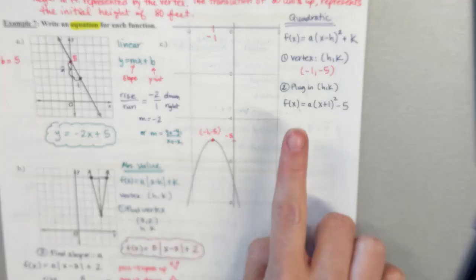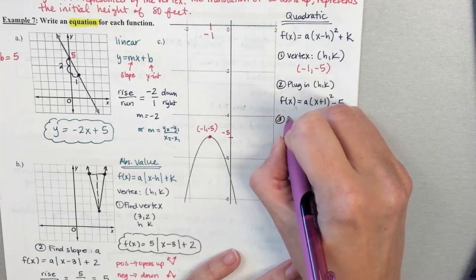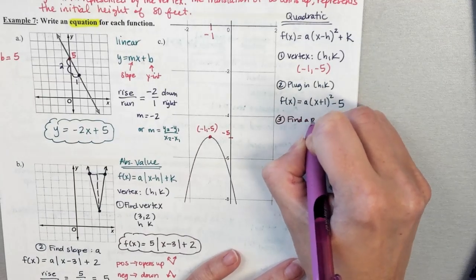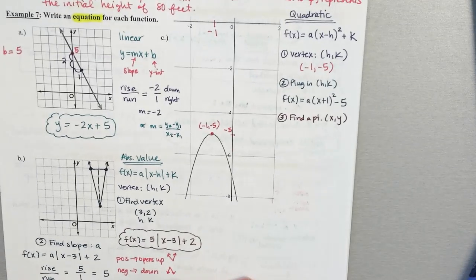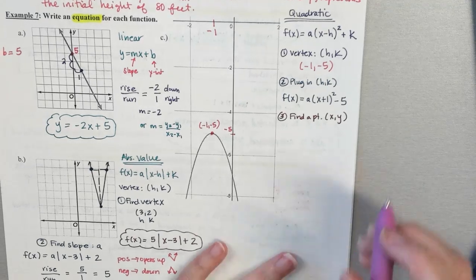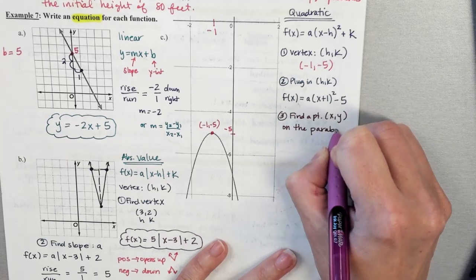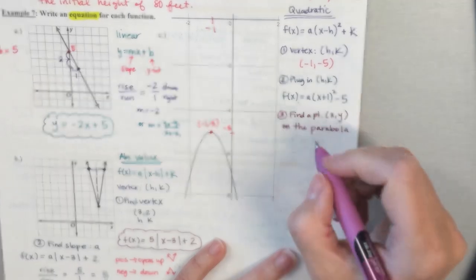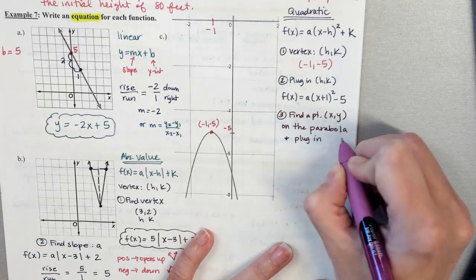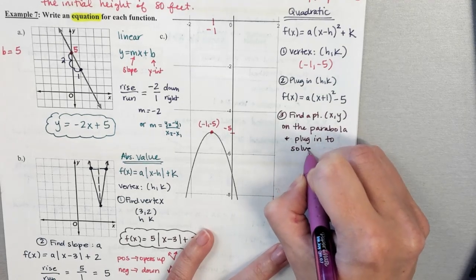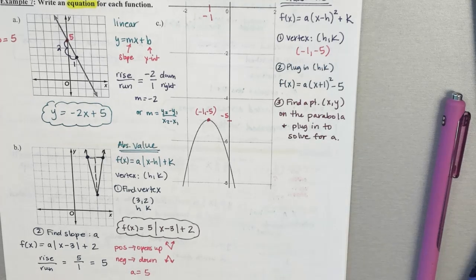And then to find the a value, we are going to find a point. Okay, and it can be any point on there. We're going to try to find an exact value that's on the parabola because we know that that fits the equation. And we're going to plug that in to solve for a. So we're going to find a point, xy, on the parabola.